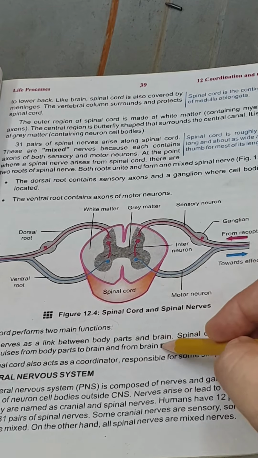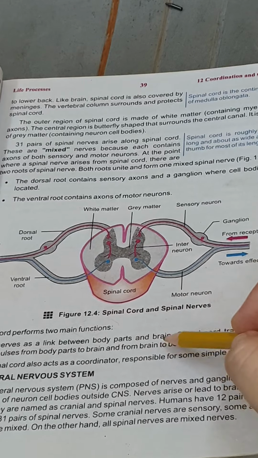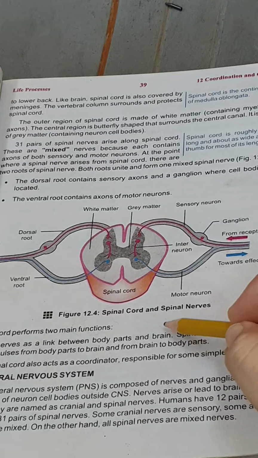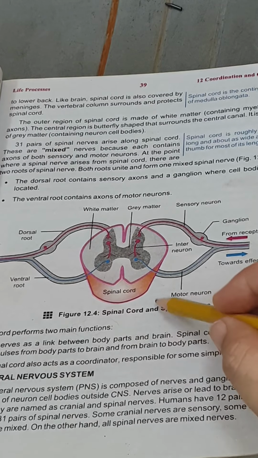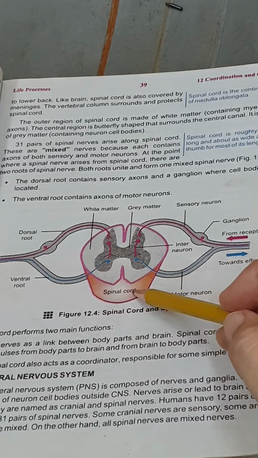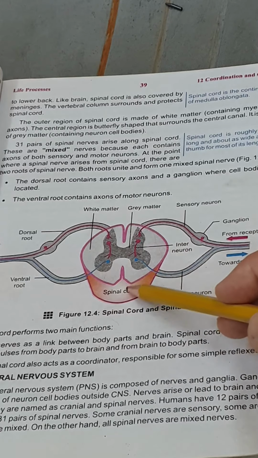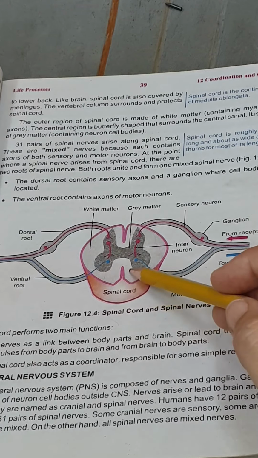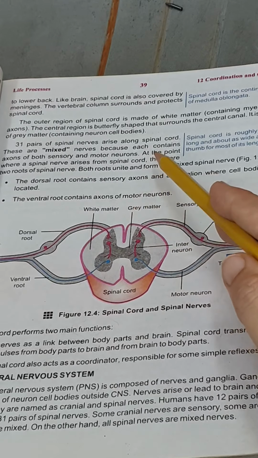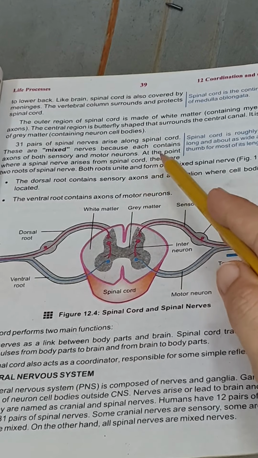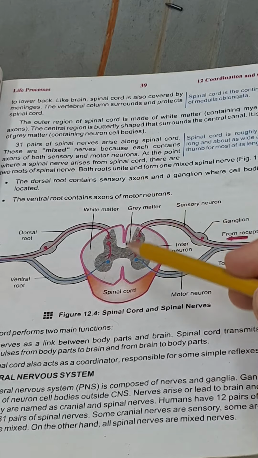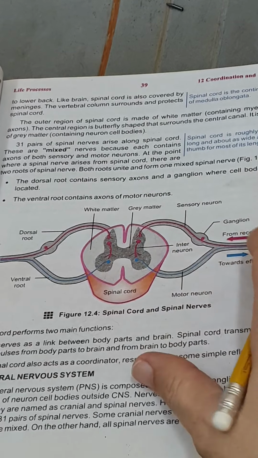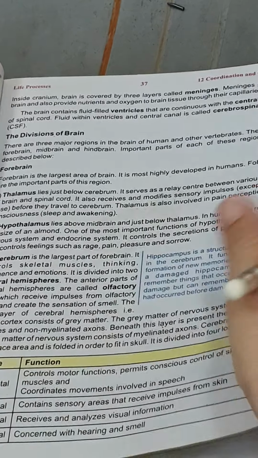The second function of the spinal cord is to connect the body and the brain, because it is the backbone which surrounds the spinal cord. So from all the body, information first goes to the spinal cord, and then the spinal cord gives it to the brain.